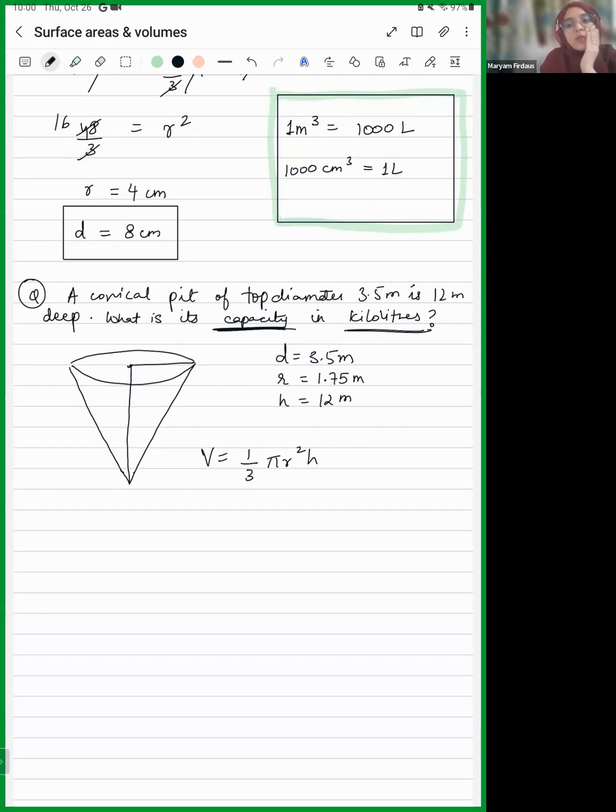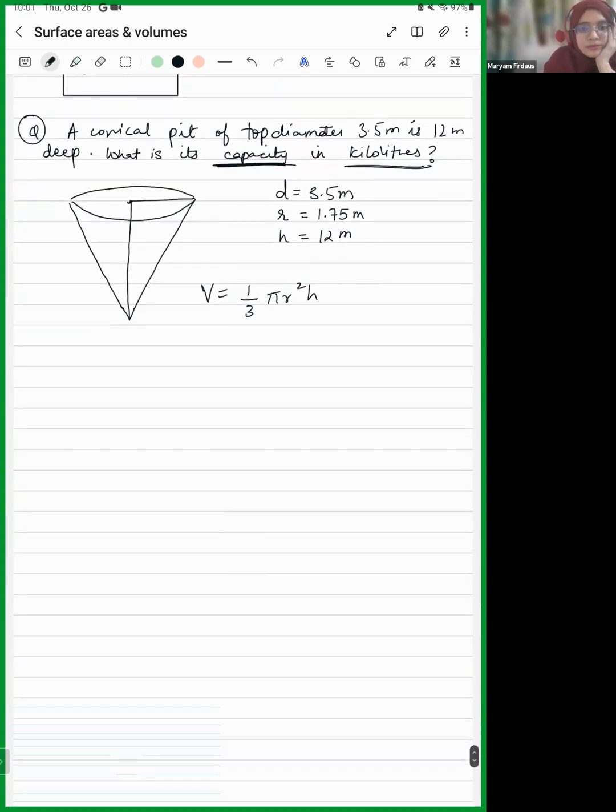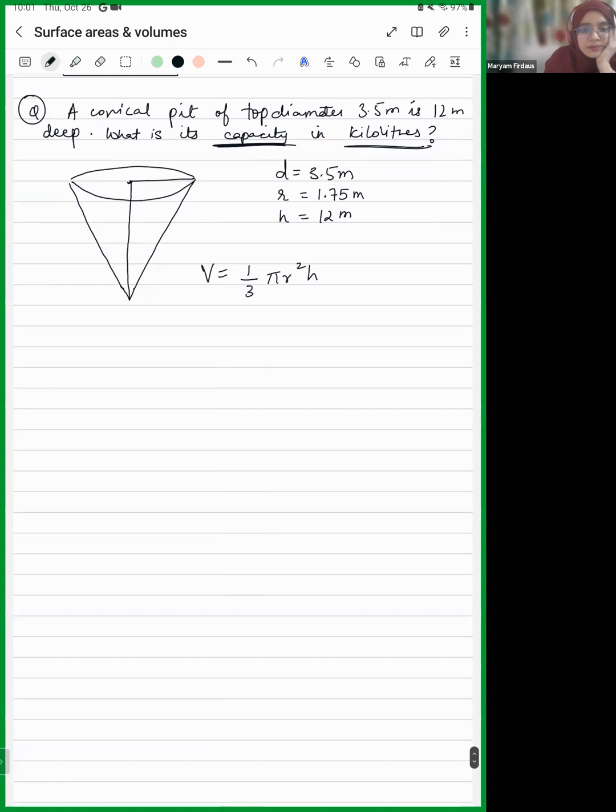Achha, wait, this question was supposed to be for, I think, Riaz. Riaz, unmute, please. Yes, Riaz. What are we supposed to find, Riaz? Abdul Rahman, what are we supposed to find in this? The capacity. What is the capacity?